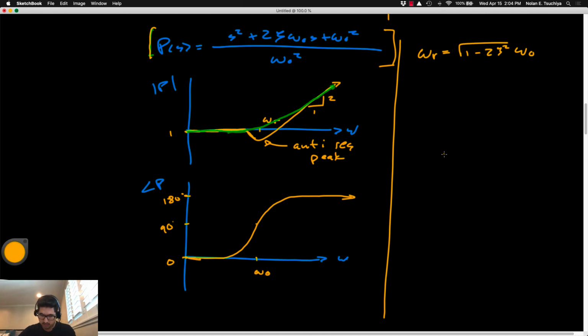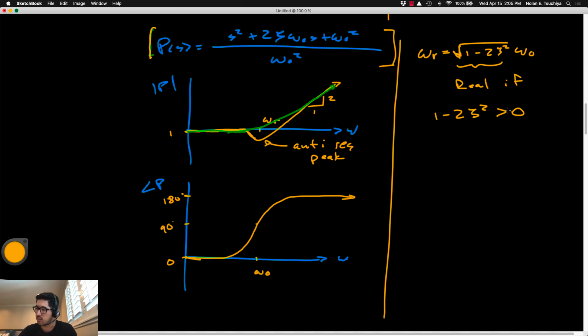Okay. If we look at this very quickly, this argument here, square root of 1 minus 2 zeta squared. In order for this to be a real value, the argument inside of the square root sign has to be positive, right? So 1 minus 2 zeta squared has to be greater than or equal to 0. Otherwise, you're going to get an imaginary number, and that's strange. There are no imaginary frequencies.